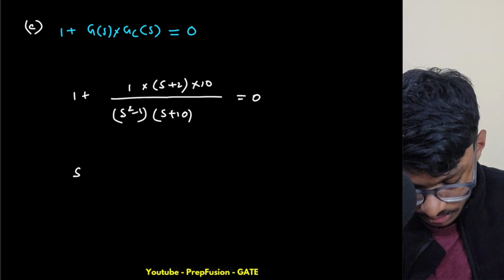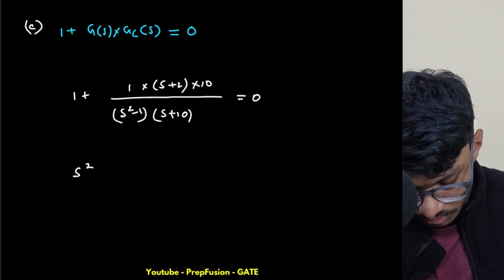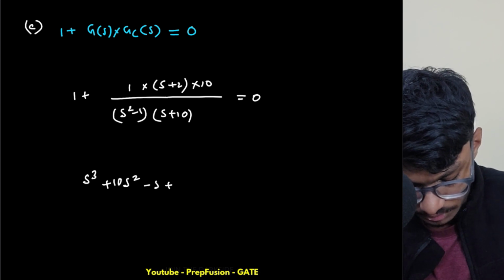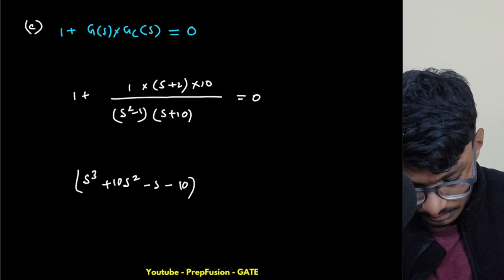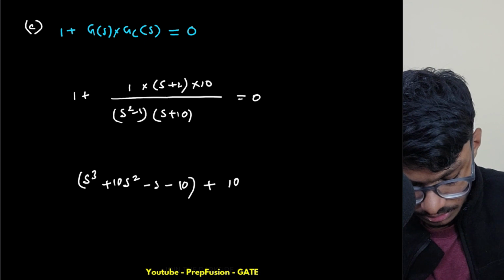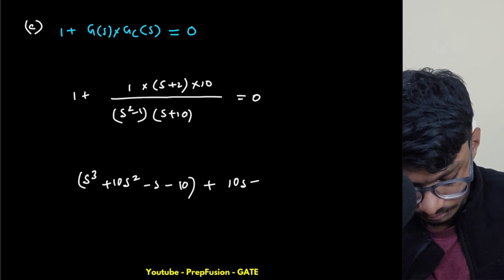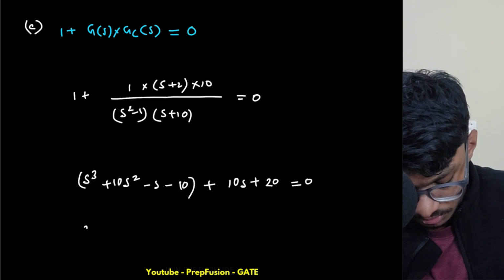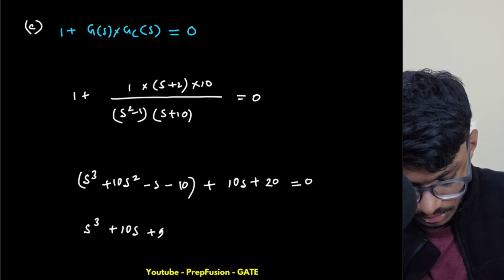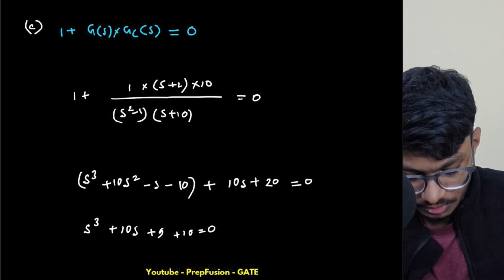So this will become s cube plus 10s square minus s minus 10 plus 10s plus 20 equals 0. So s cube plus 10s square plus 9s plus 10 equals 0.